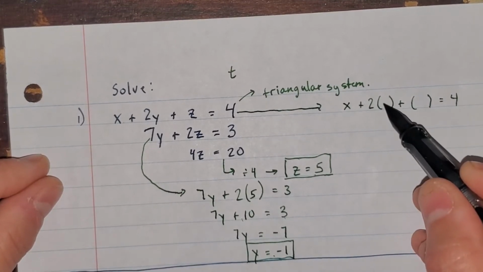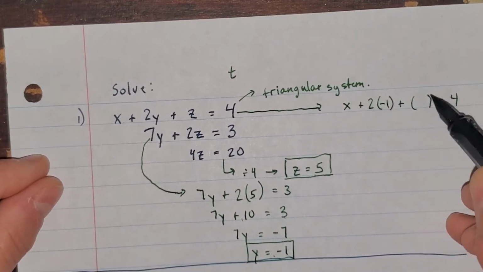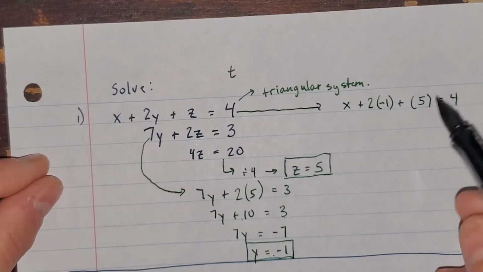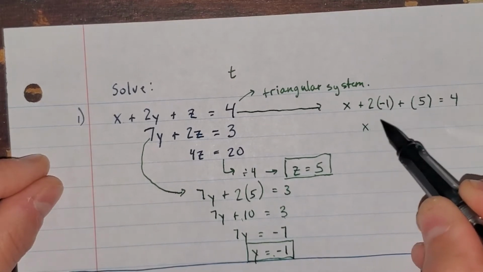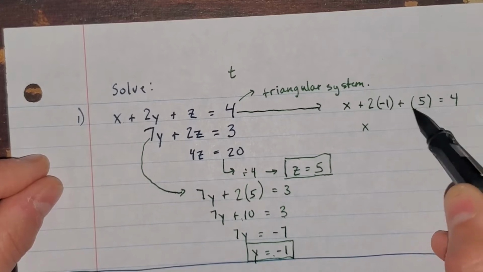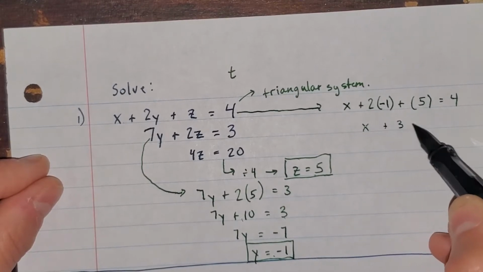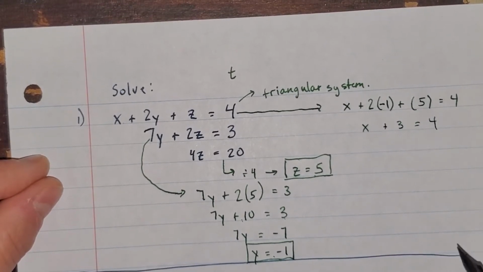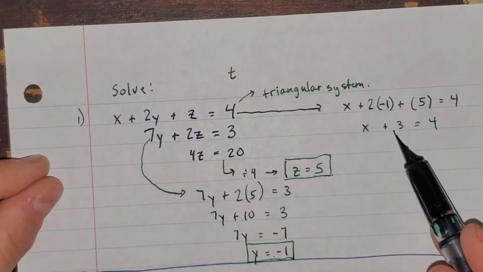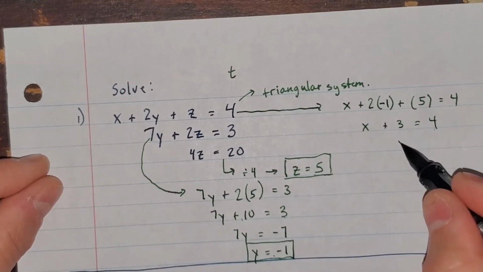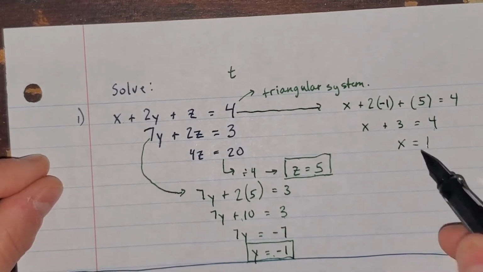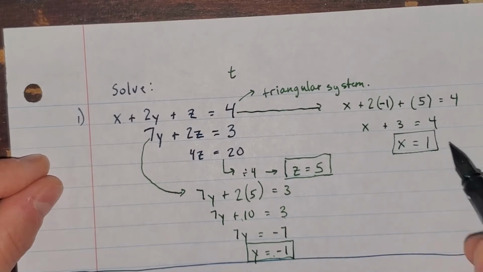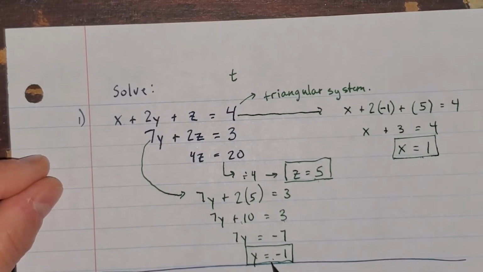And we know that y is negative 1 and z is 5. And so I'm going to go ahead and combine some like terms here. So that's negative 2. Plus 5, that's going to give me plus 3 equals 4. And if I subtract 3 from both sides, I get x equals 1.